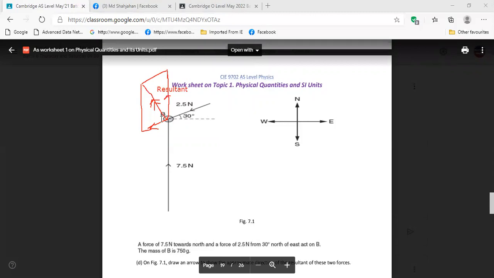Look, if you do dotted lines here, then this part is 90 degree, isn't it? From here to here it is 90 degree. And this 30 degree and this 30 degree are opposite angles, isn't it? So 90 plus 30 is making 120 degree.